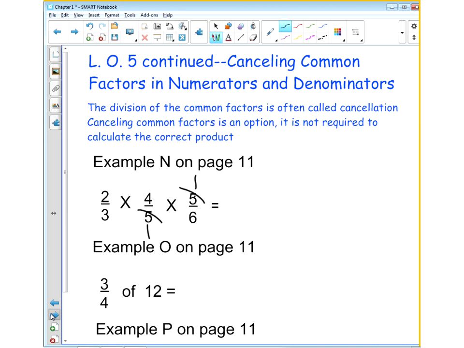It doesn't work that way. But I can take 2 goes into 2 once, and 2 goes into 6 3 times. Since I've got 3 prime numbers in the bottom, I know I've reduced down to the lowest terms. So I've got 1 times 4 times 1 is 4. 3 times 1 times 3 is 9. So 4/9.